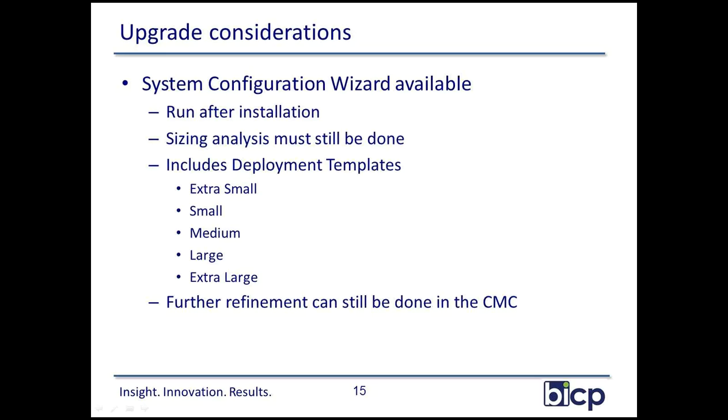So there are deployment templates that are included. They're broken down by extra small, small, medium, large, extra large. They are just templates. These are the only options within that. I have some screen prints I'll walk through to show you what that tool looks like.